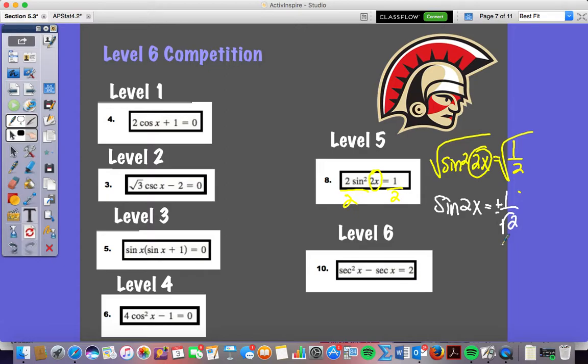Divide by 1 over 2? Well, there's a square root of 2 on the bottom, right? So we haven't gotten there. Remember, it's the last thing, right? So let's find the angles first before we do the 2x, okay? So I've got to get rid of this square root of 2 on the bottom. How do I do that?